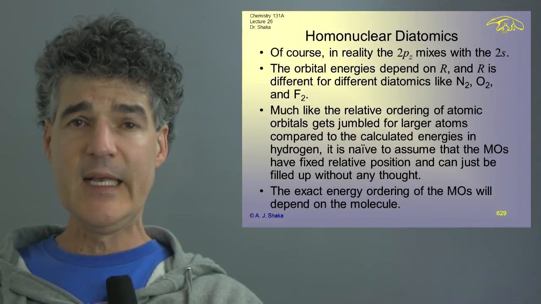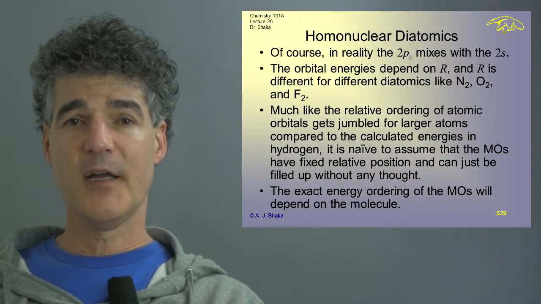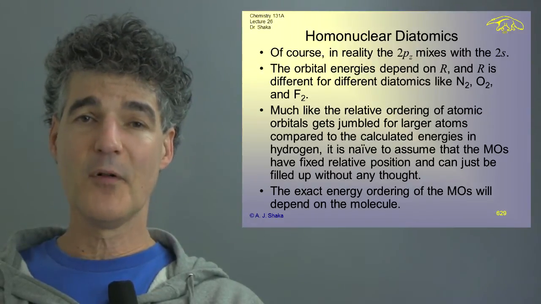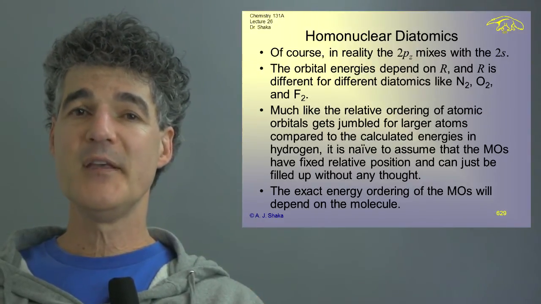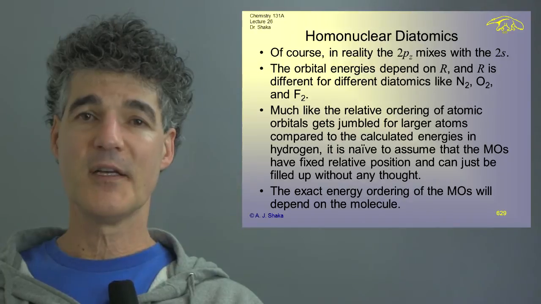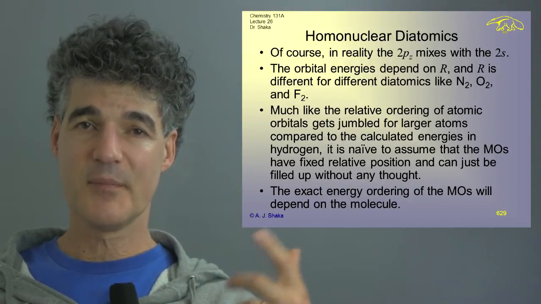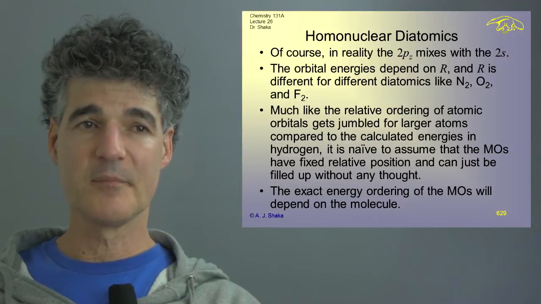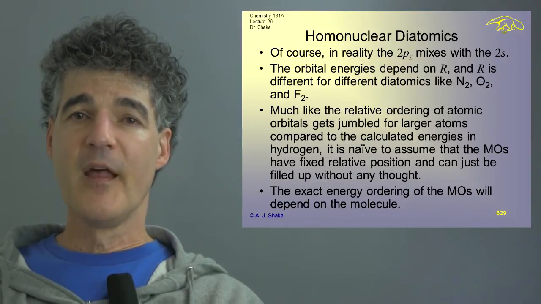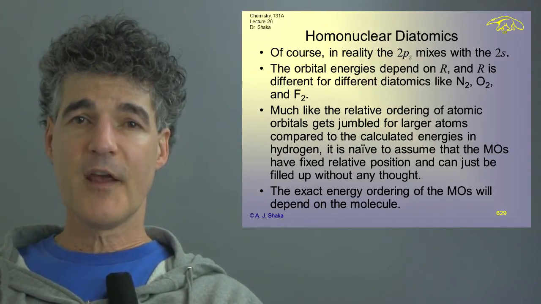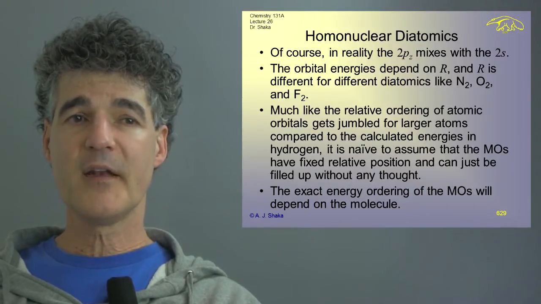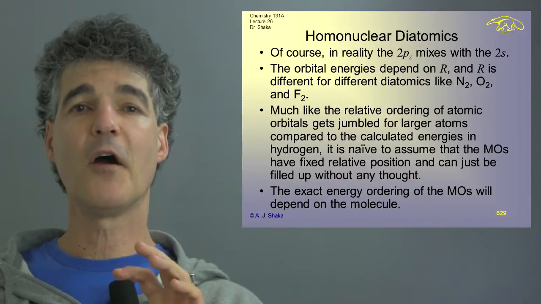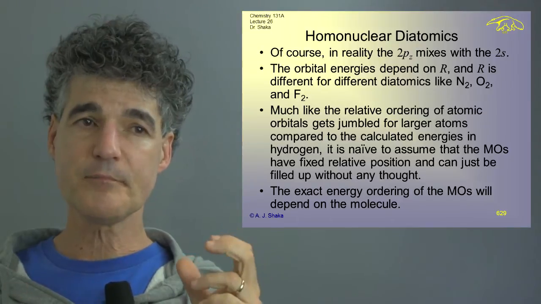Of course, in reality, we saw by our calculation about polarization, the 2pz always mixes with the 2s to some extent, and it just depends on what the energy difference is between them, how much the mixing is. The orbital energies, whatever they are, are going to depend, if we did the calculation, on big R, the internuclear distance.